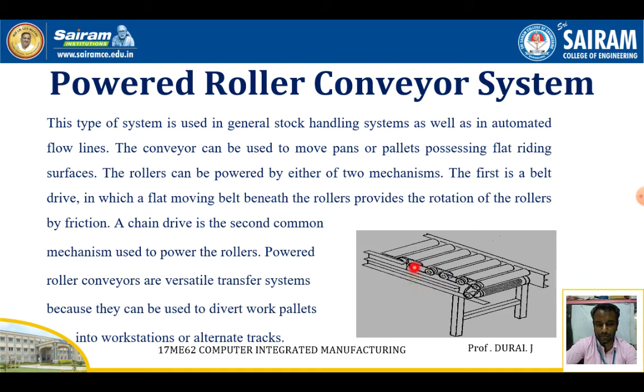With the help of the motor the rollers rotate, so the component moves from one machine to the next machine. Sometimes it is also moved from bottom to top, lifting the component to a certain height. At those times this powered conveyor system is also used.